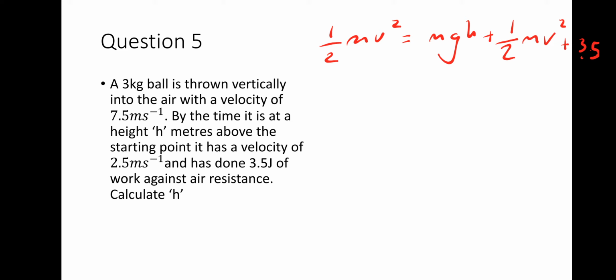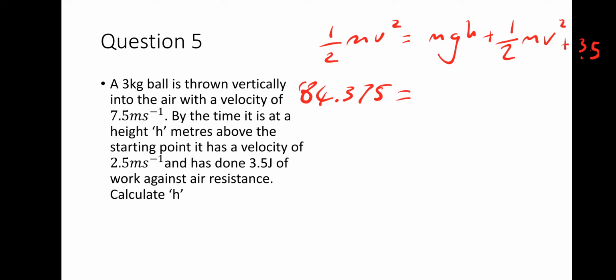So the initial kinetic energy is 0.5 times 3 times 7.5 squared. If you do 0.5 times 3 times 7.5 squared, you get 84.375 joules, equals.